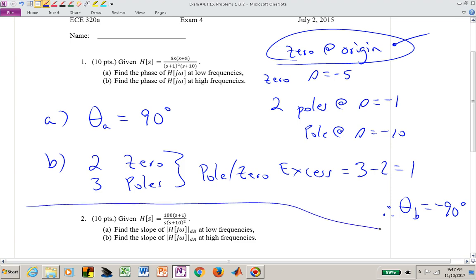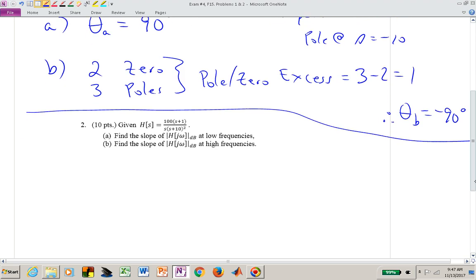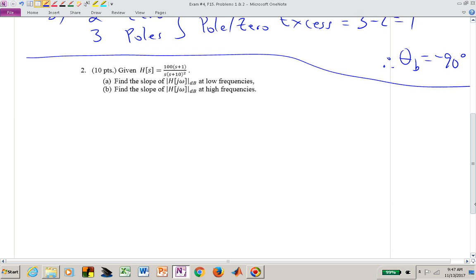That's now problem number 1, which was dealing with phase. Problem number 2 is interested in the magnitude, or the slope of that magnitude. In this particular case, it looks like we do have a different transfer function. We have a pole at the origin, and that's really what we want to be focusing on.